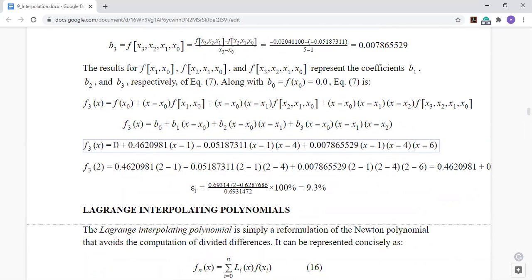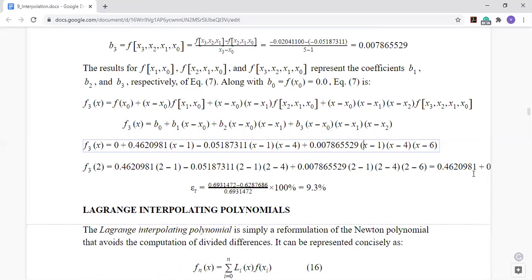So this is the polynomial we have been trying to derive, and we finally derived it. The question says we should calculate the value of the function at x equal to 2. So in place of x, we're just going to replace it with 2, and you just evaluate this algebra.